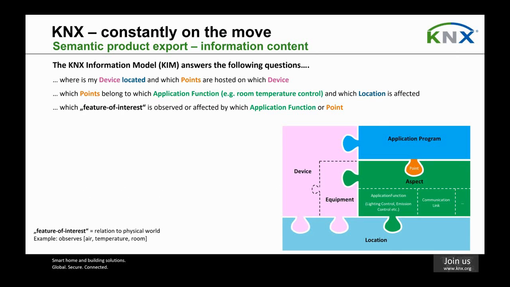Are we looking at the water, or are we looking at maybe another physical medium? All of this is contained in this semantic data that is exported out of ETS.